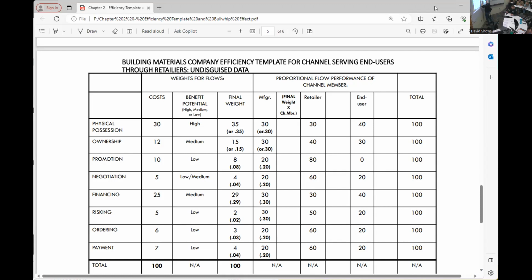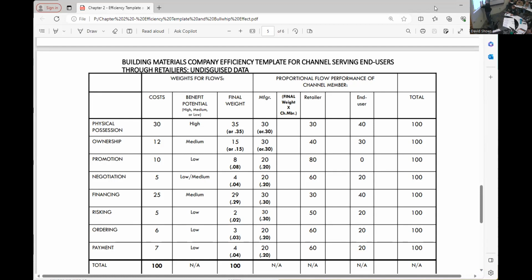So 0.04 times 0.2, 0.008, right? 0.29 times 0.3. 0.087.